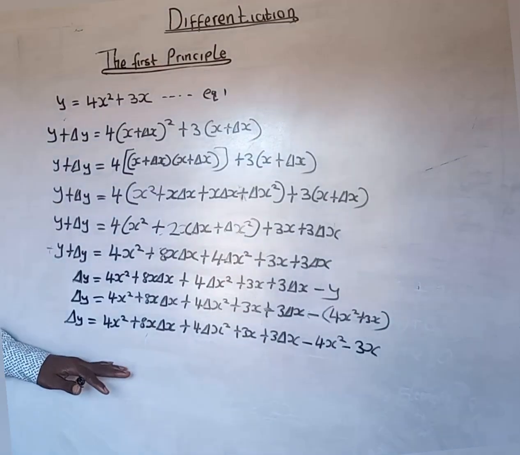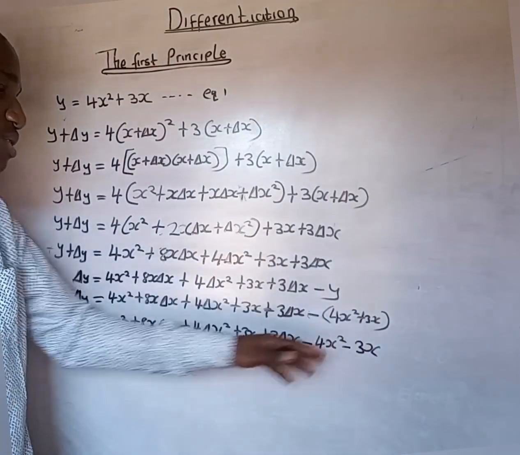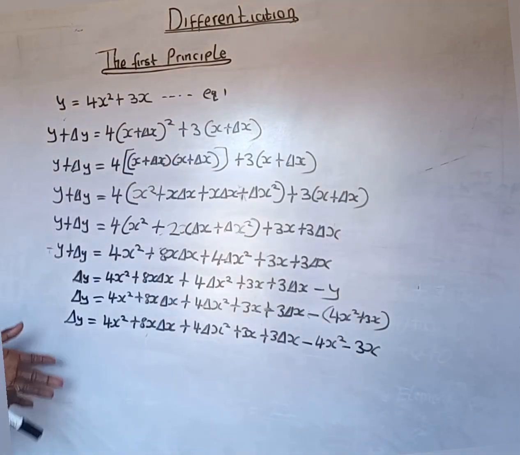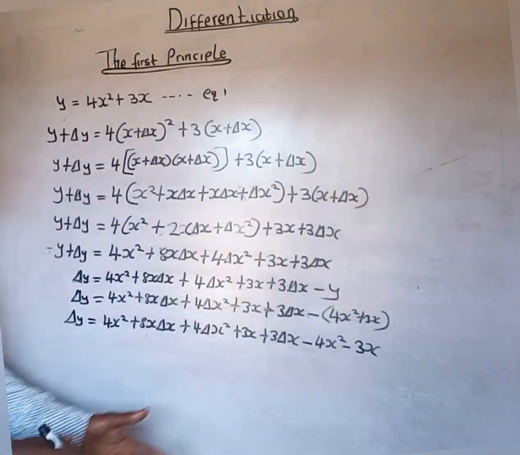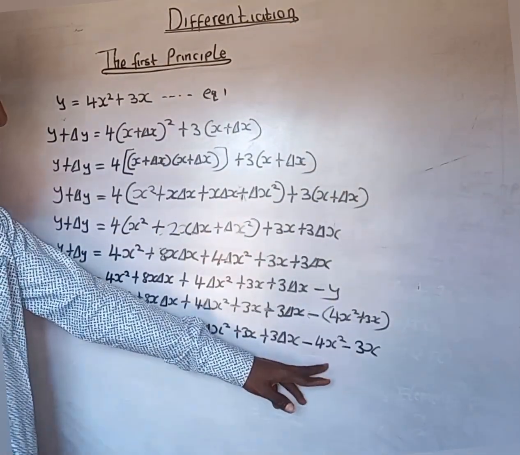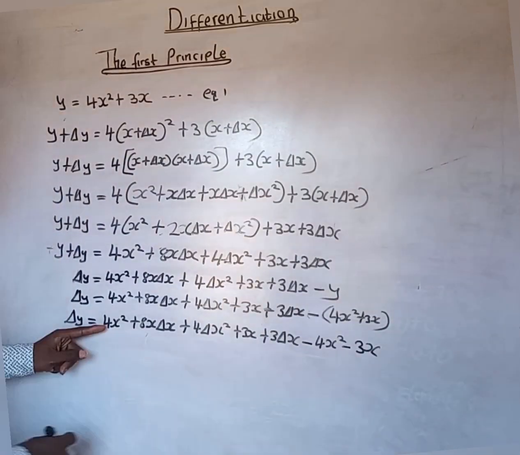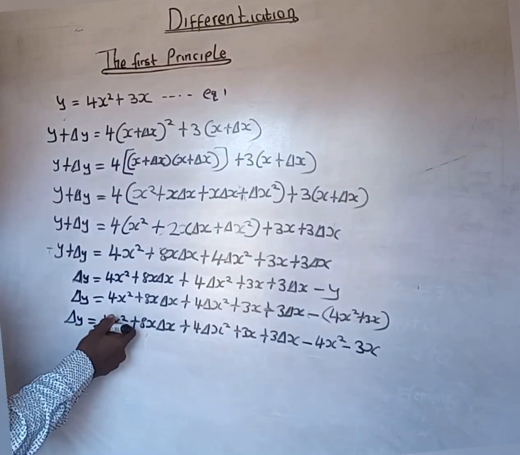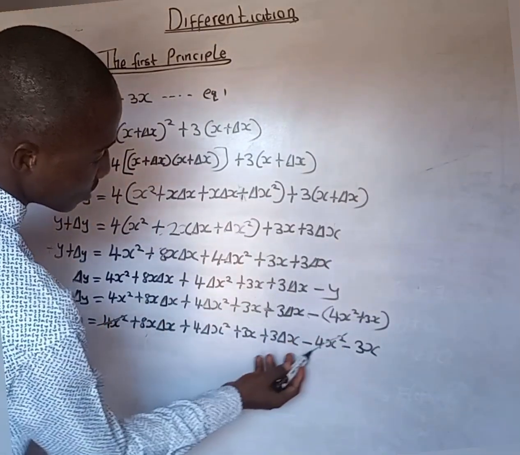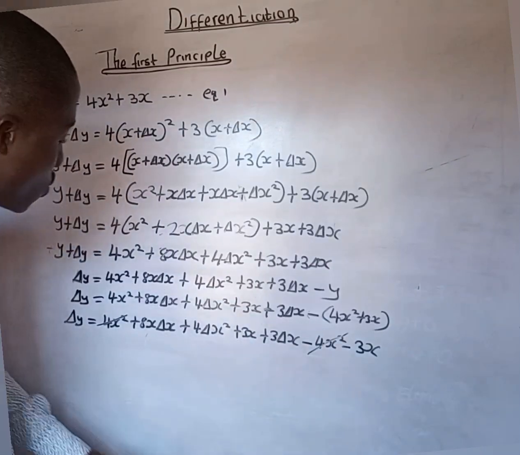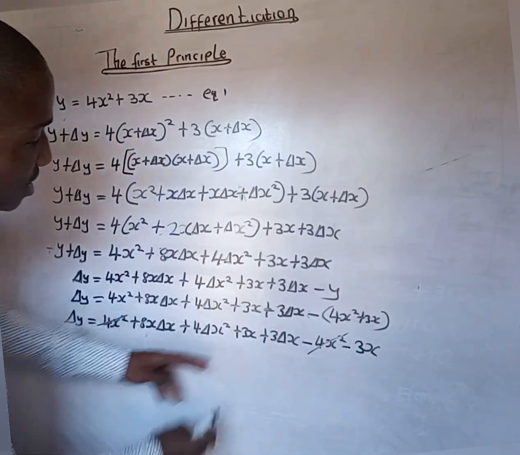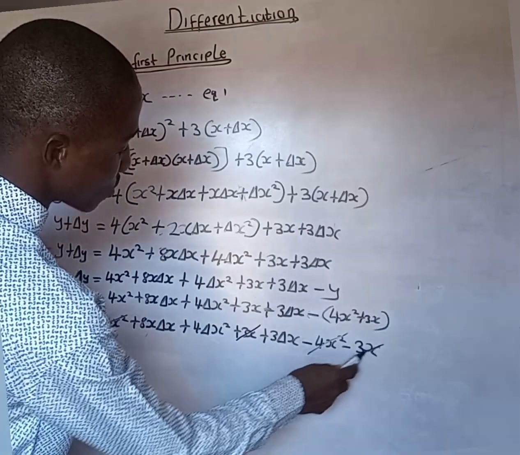So I have this equation as this when I open this bracket using this minus. The next thing to do is to look for the parameters that can eliminate each other. If you look at the end here, you can see that minus 4x squared can eliminate this 4x squared. So that is what I'm going to be doing now. For this one, this is gone, and this is also gone. If you look at this minus 3x also, it can also eliminate this plus 3x. So this is also gone, and this is also gone.